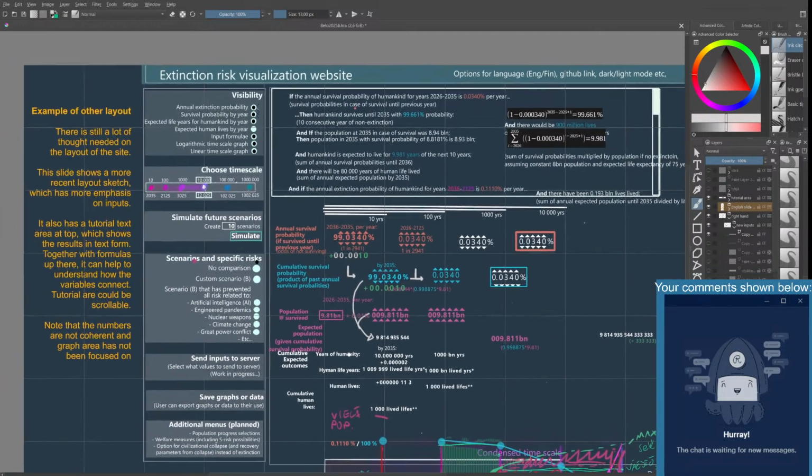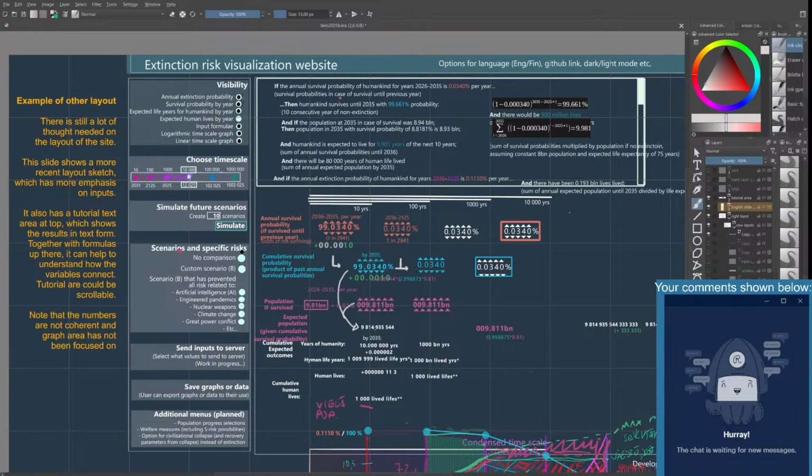If I want to keep these arrows somehow, and I have this for the expected population outcomes, I'm drawing arrows from the survival probability to this population in case of survival. So this expected population is the result. If I'm drawing that kind of arrow, I'm wondering if I need to draw an arrow for this.